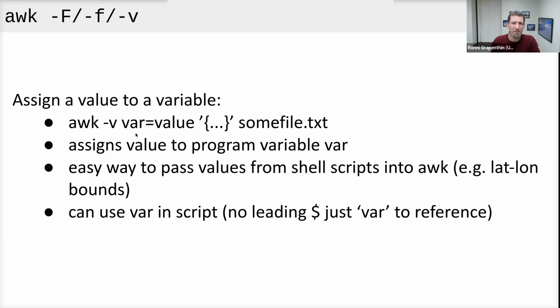This assigns value to the program variable var. So inside these curly braces, or really those single tick marks, you can now use the variable var, and it will have the value. There's an easy way to pass values from shell scripts into awk, for instance, dynamically specified latitude, longitude bounds. We can use var in the script. Note that there's no leading $ sign, just var.